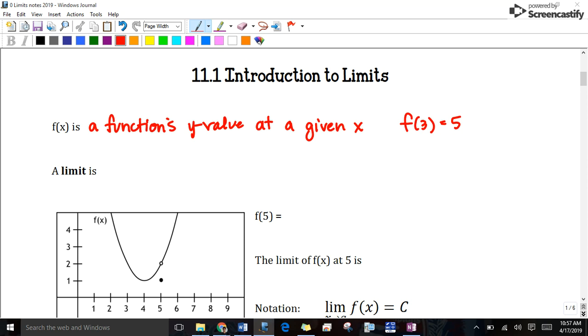A limit's a little different. A limit is also referring to a function's y value, but it's the value a function approaches for a given x.